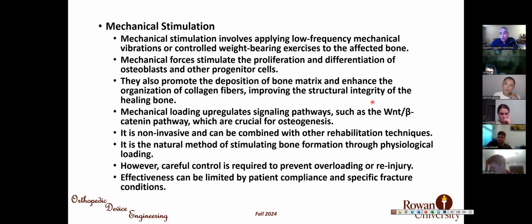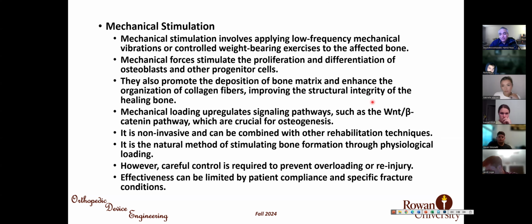We can apply load on these bones and gradually stimulate the osteocytes by increasing the load on them, but it must be gradual, not to fail the fracture site and the fixation device. So gradually we stimulate the osteocytes, and the osteocytes stimulate the osteoblasts, and they produce more bone in the fracture site.